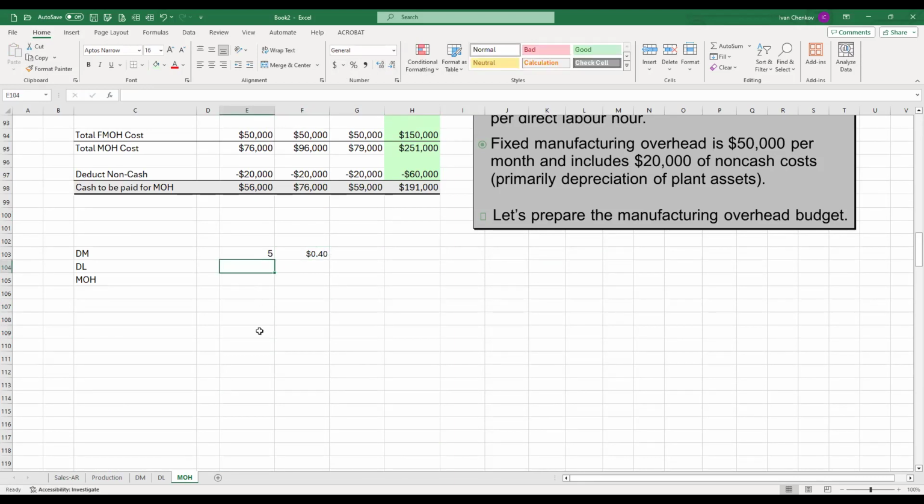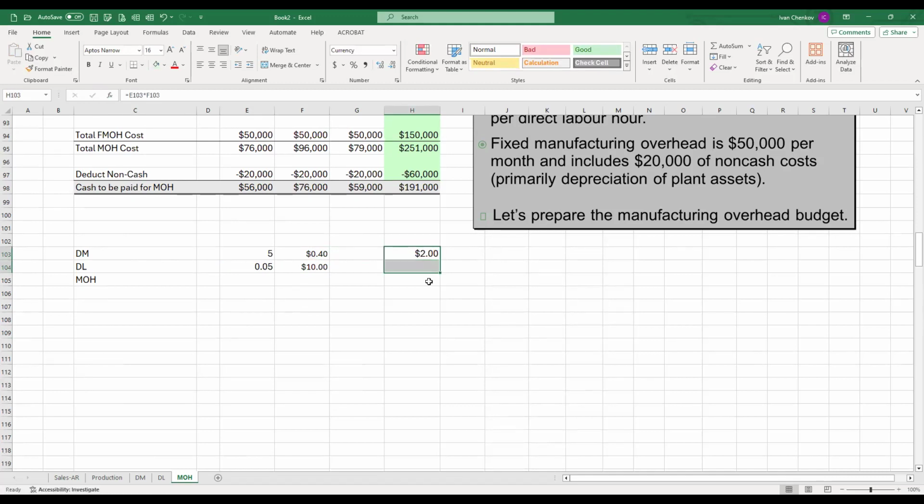So for direct labor, we need 0.05 hours, correct? And we're paying $10 per hour. So our material costs us $2.